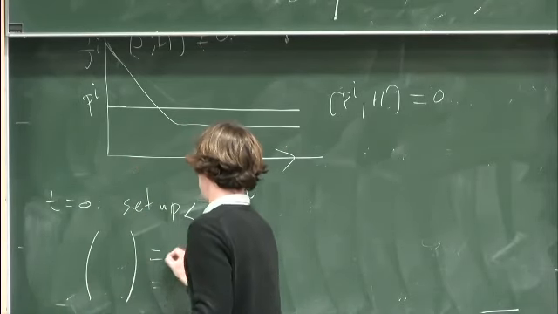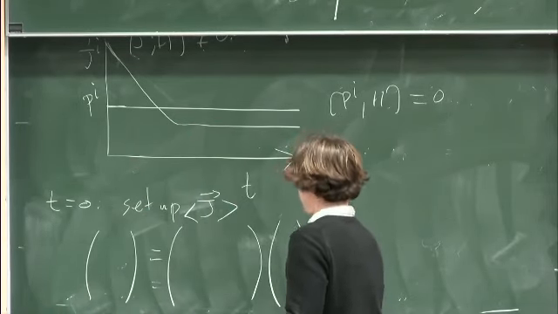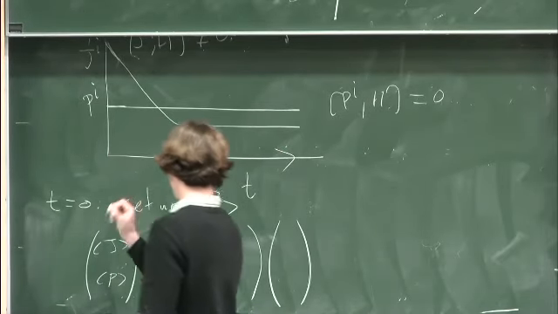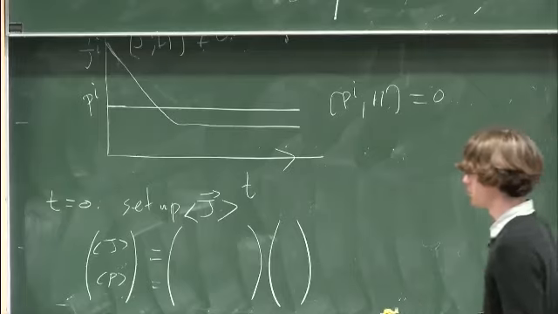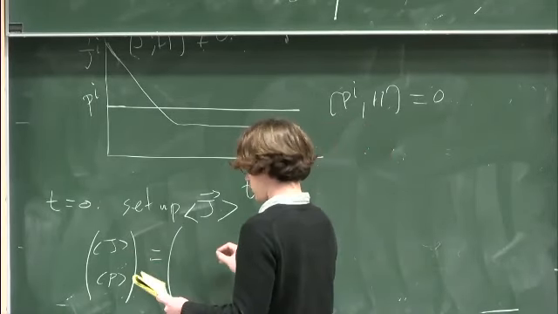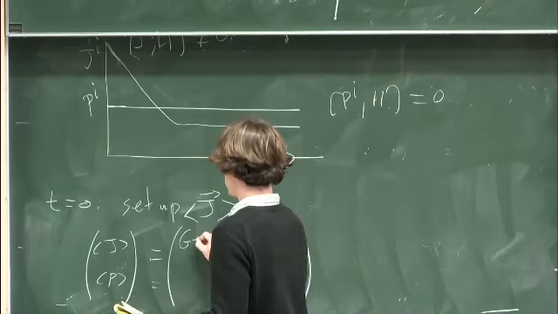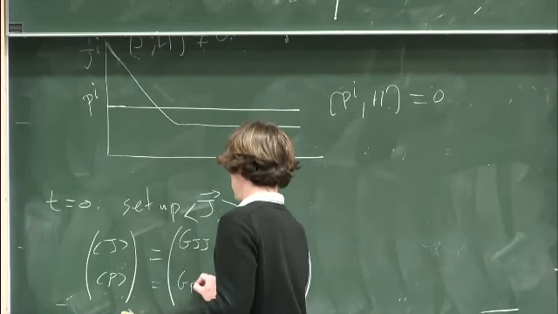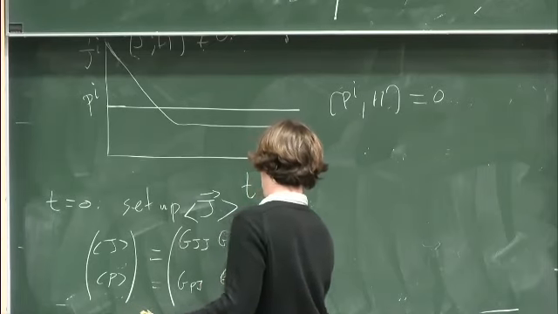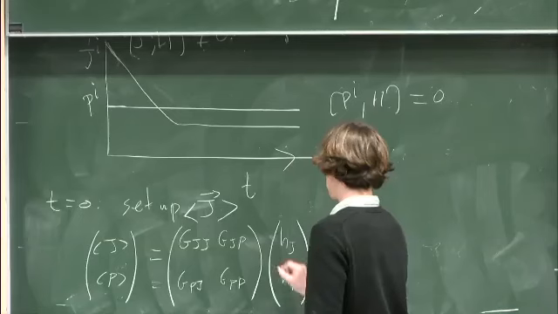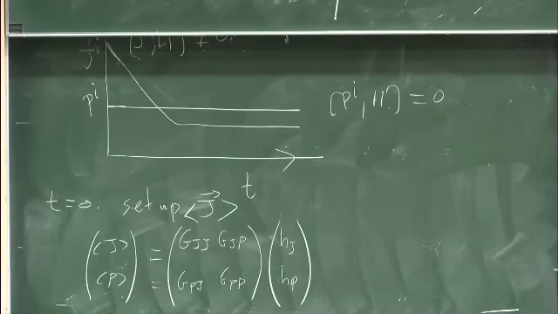There's a response matrix, with J and P. So there's a momentum and a current, and there are going to be some Green's functions: a GJJ, a GJP, a GPJ, and a GPP. And then there are going to be some sources, which let me write as H of J and H of P: a source for the electric current and a source for the momentum current.